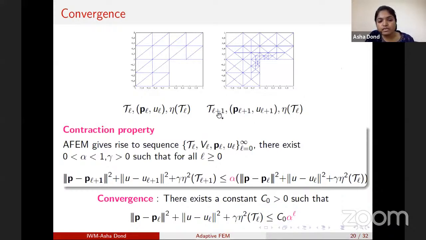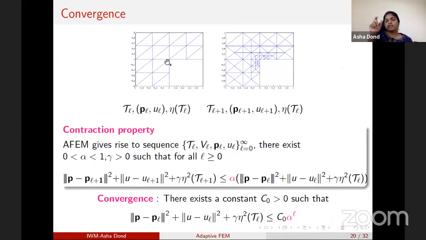To prove the convergence, we have to prove that when we refine the mesh and find the error at the refined mesh, it has a contraction property. That means there exists some alpha between 0 and 1, the contraction number, such that the error at the refined level is bounded by alpha times the error at the previous level.